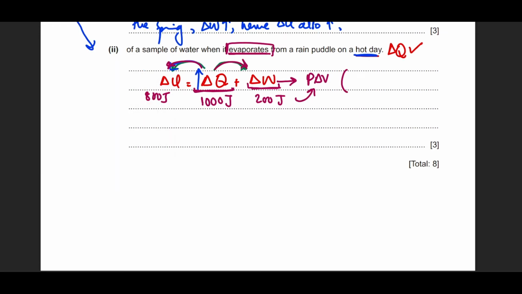So let's write this down. We will start from the thermal energy. This is step number 1, this will be step number 2, and then we come to step number 3.